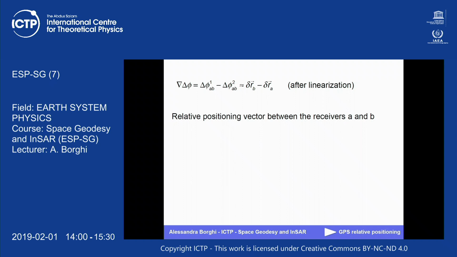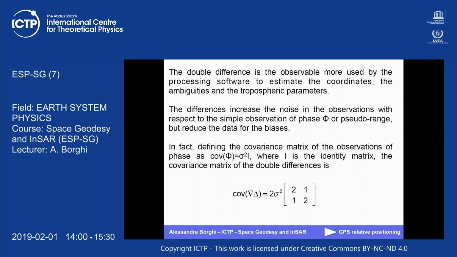So it's a relationship equation where the baseline is important. We have information about the baseline between the two receivers. We are going to see it better later.